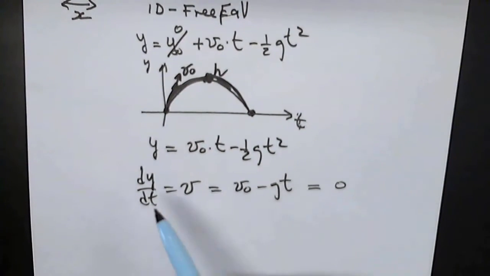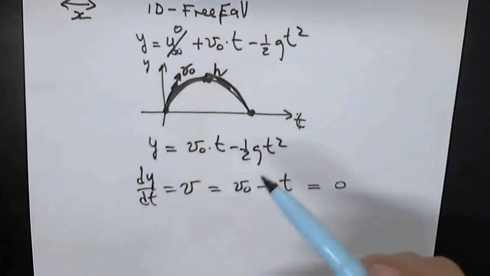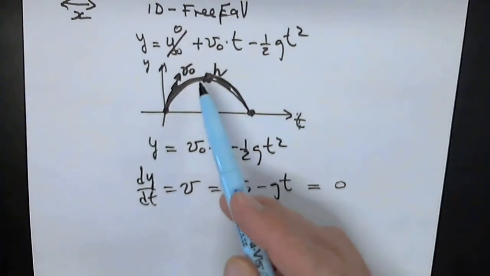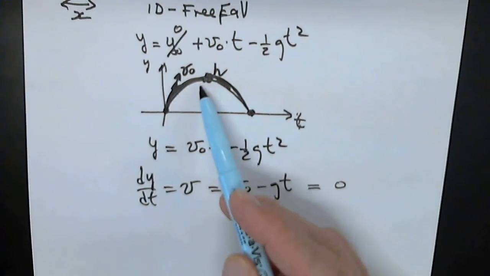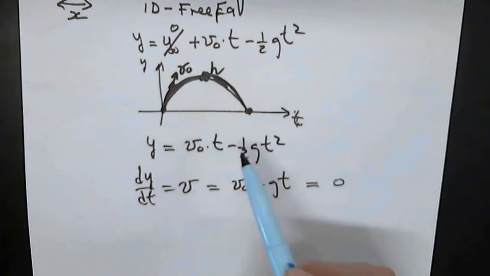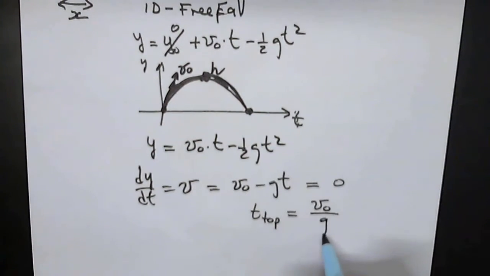If you like mathematics, you say the derivative is 0 at the top, at the maximum. If you like physics, you say the velocity is 0 for an instant at the top because it's no longer moving upward, it starts moving down. So the time at the top is the initial velocity divided by g.